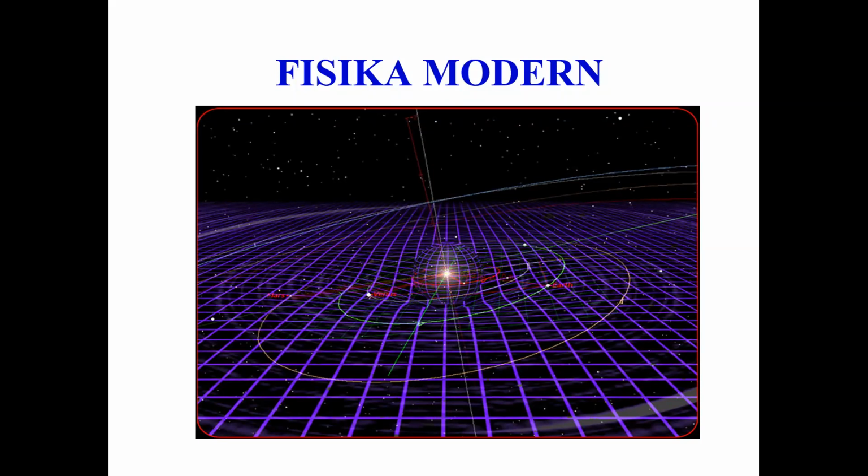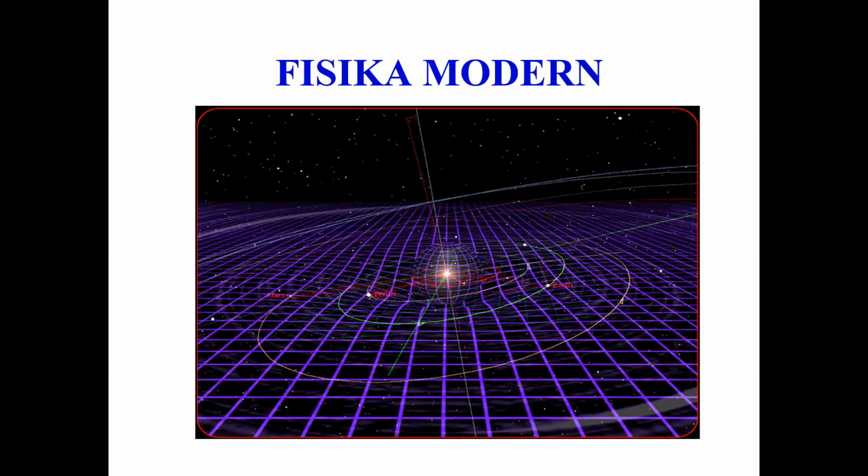classical physics. The birth of classical physics was usually before the 20th century, before 1900. After 1900, we call it modern physics. Why?